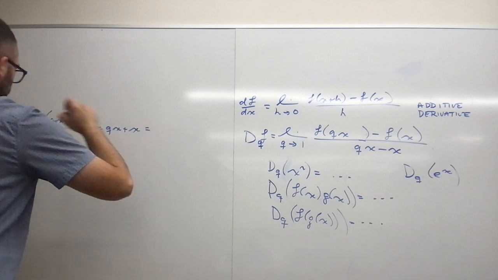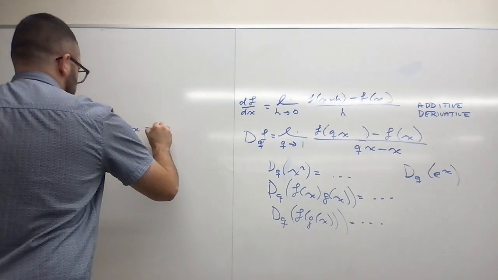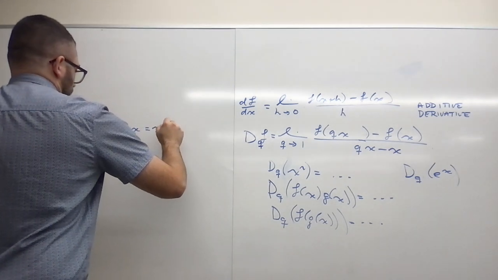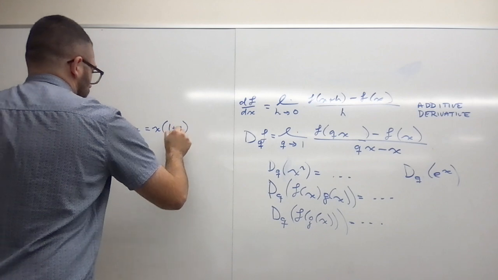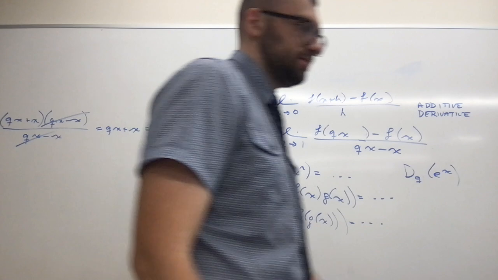As q... Oh, I guess it's just x times 1 plus q is the quantum derivative, and as q approaches 1, you get 2x.